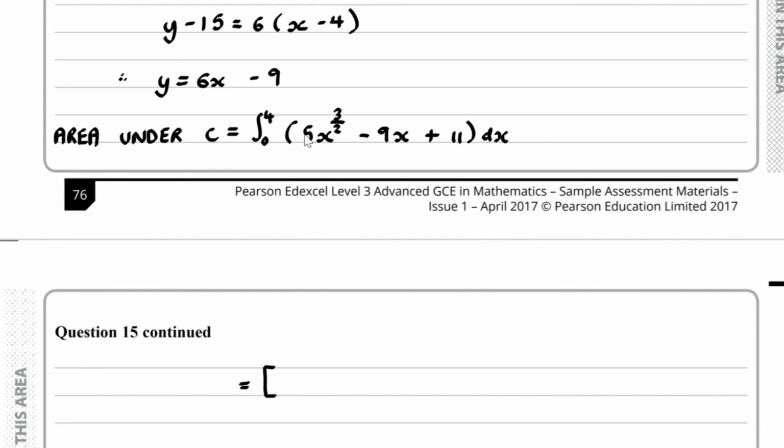Well, if I integrate 5x to the 3 over 2, I end up with 2x to the 5 over 2, and then I've got minus 9 over 2 x squared, the integral of minus 9x, plus 11x. And what I need to do is evaluate all of this between 0 and 4.